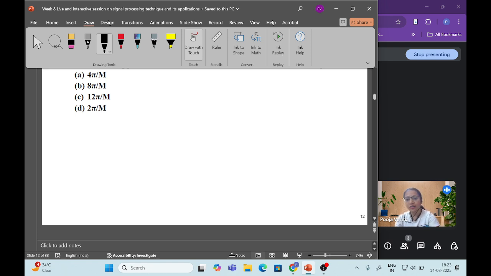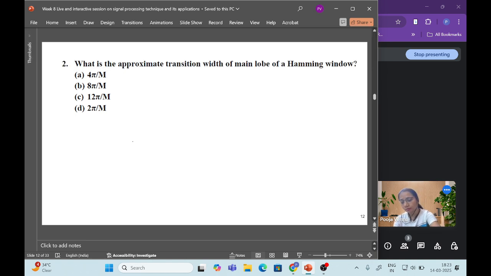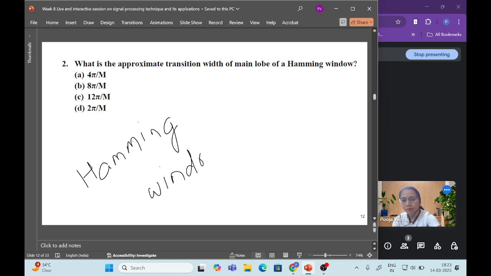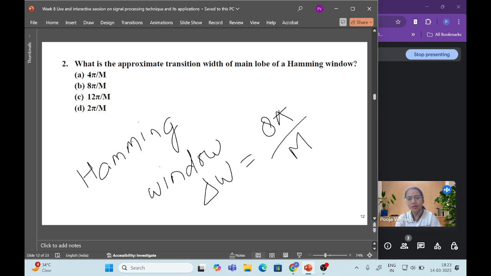Okay, so already we have seen this in the previous table also. So the transition width of the main lobe in the case of the Hamming window, that is the Hamming window, transition bandwidth, already we know that delta omega is equal to 8 pi by M, where M is the length of the window.